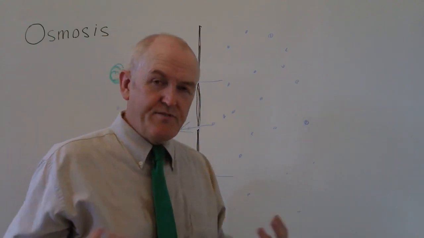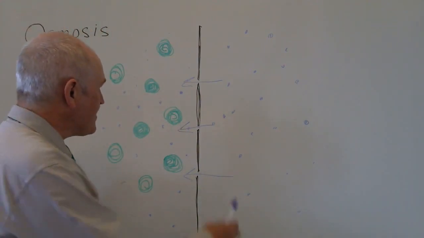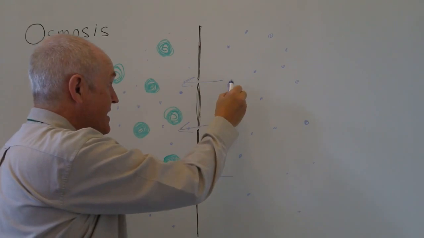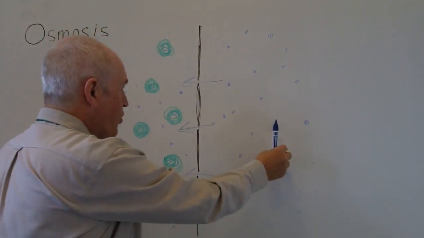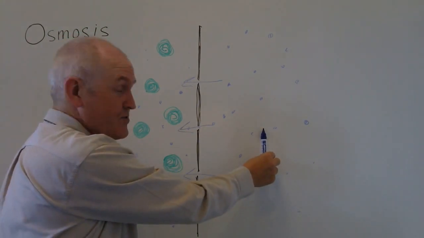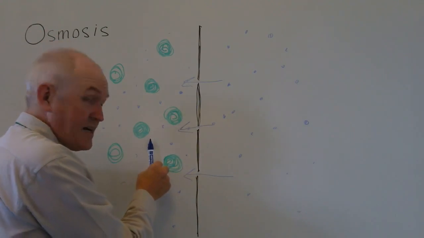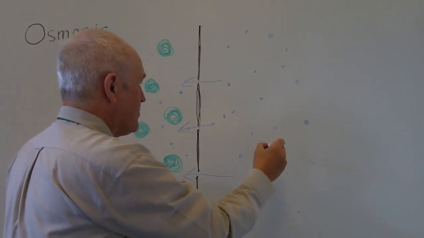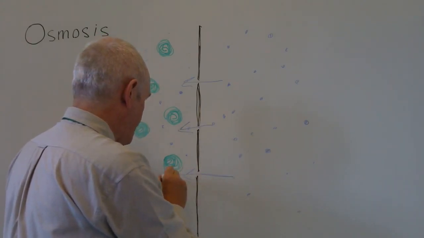The water wants to diffuse following this principle of diffusion. So while some water molecules may well move from that side to that side, the net movement is going to be the watering down effect, as the water, as it were, tries to get the same concentrations of water on this side of the membrane as on this side of the membrane. So the net movement is the water molecules going from the watery side to the less watery side.